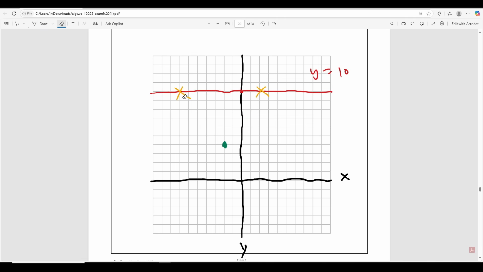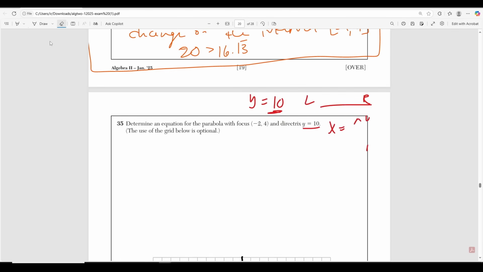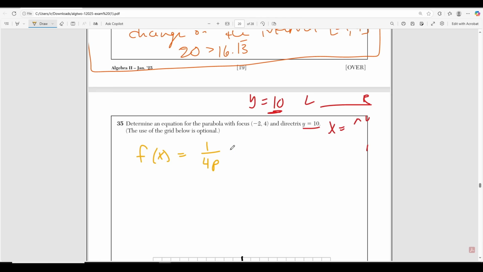Now, the reason I bring this up is because when you graph or find the equation of a parabola, it's going to look something like this. It's going to say that f of x is equal to 1 over 4p times (x minus h) squared plus k. In this case, h comma k is the vertex, or that tip that we were talking about.